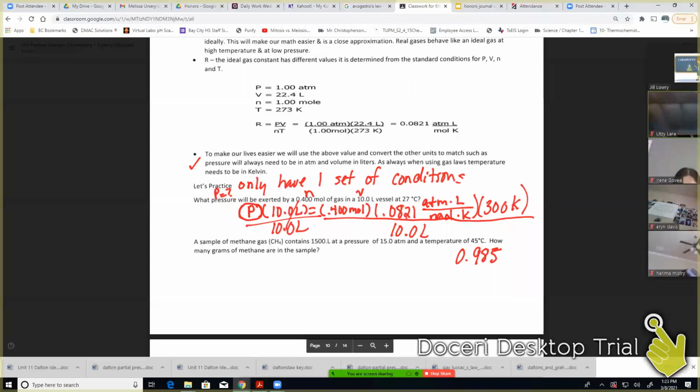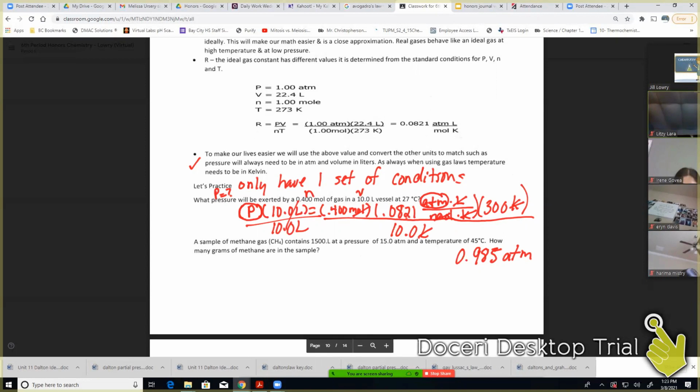We were trying to find pressure. So all these other things, liters canceled, moles canceled, Kelvin canceled, and the only thing I had left was atmospheres, which makes sense because I was trying to find pressure. So my unit is atmospheres. Anybody have any questions on that one?